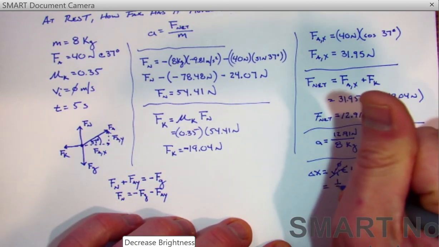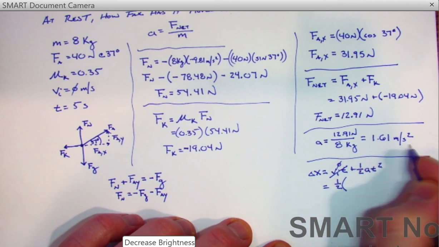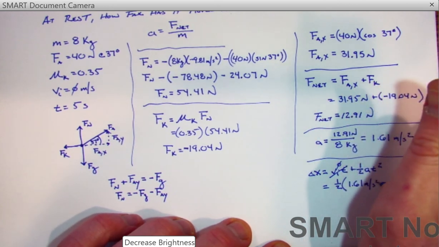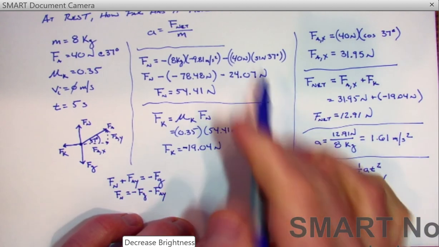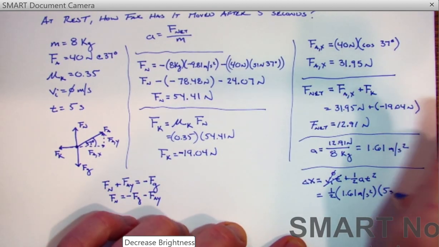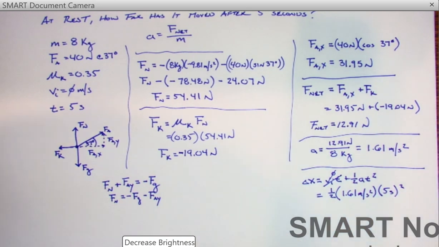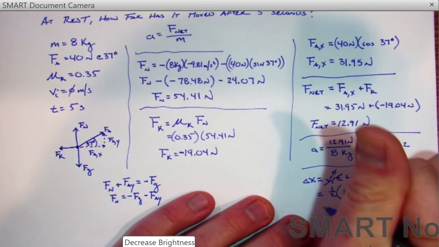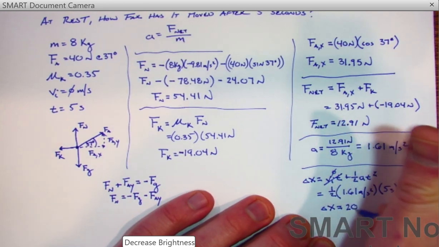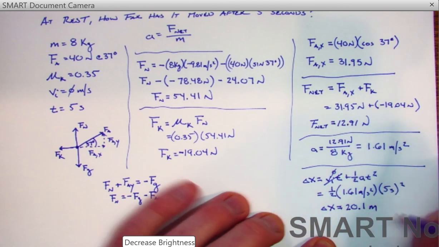So 1/2 times the acceleration we just found, 1.61 meters per second squared, times time. They want to know how far it's moved after 5 seconds, squared. So 5 squared times 1.61 times 0.5 tells me the cart will have moved in 5 seconds 20.1 meters.